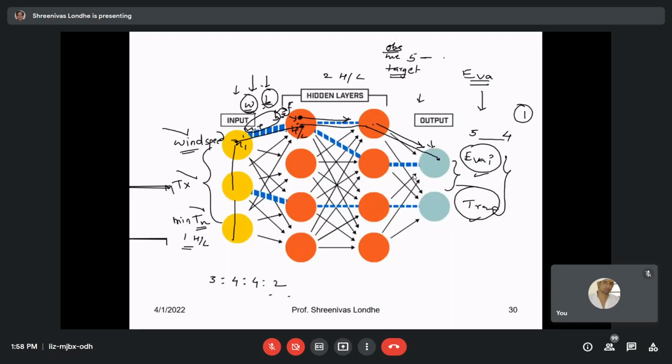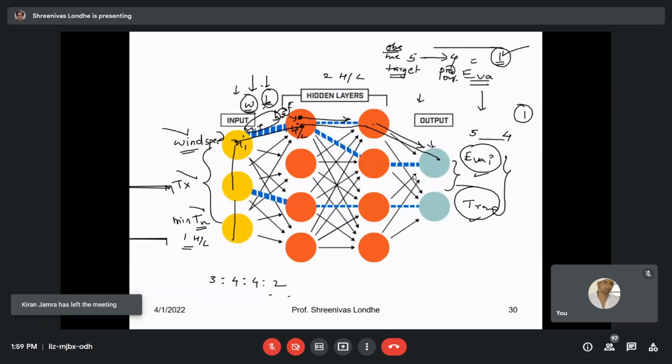So the predicted answer is the output. Target minus output is the difference, or we may say it is an error. So in a single iteration, I have received this particular error. Now in the next iteration, the error should be minimized. So again, I will pass this information back to the input layer.